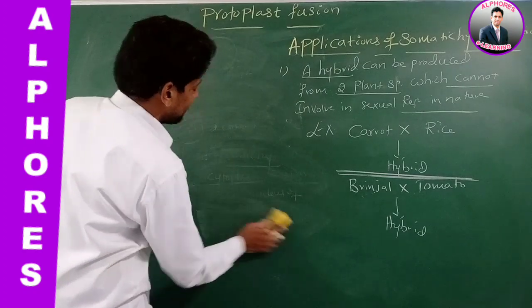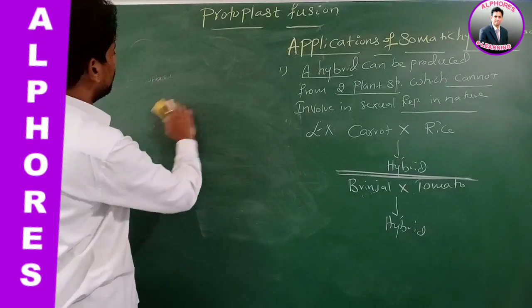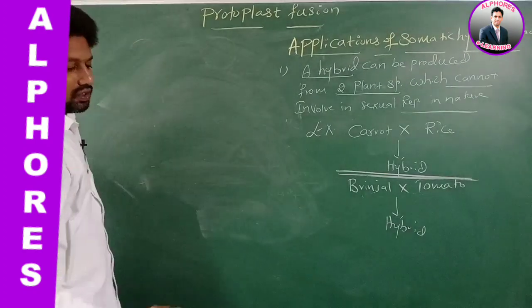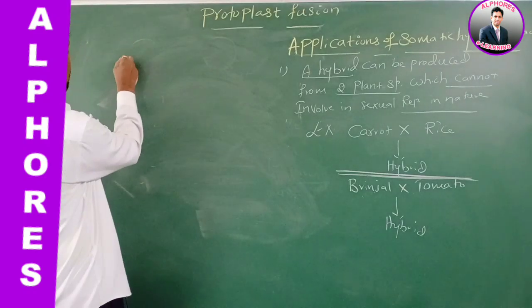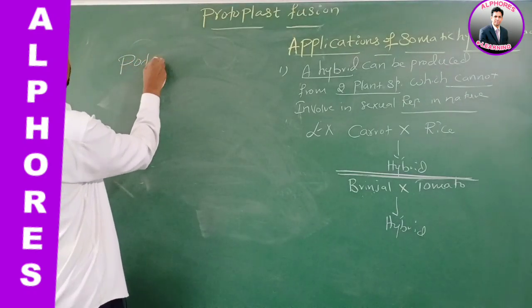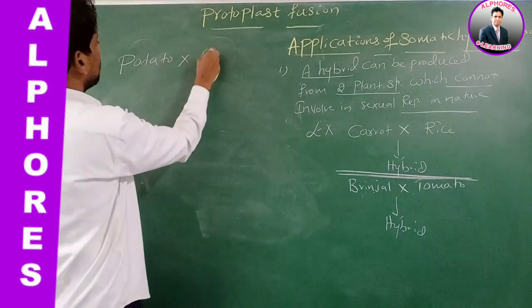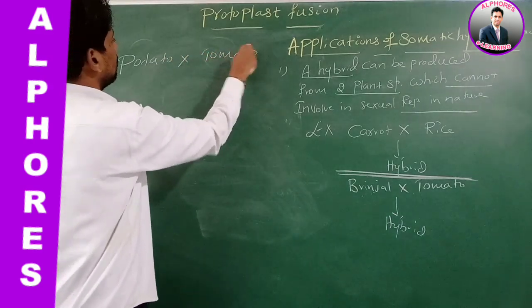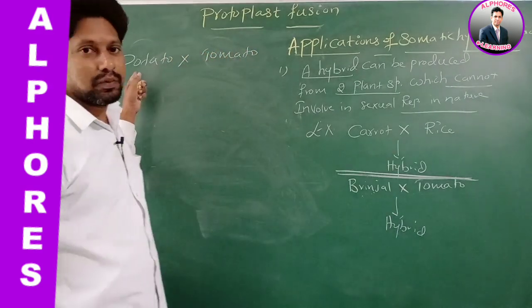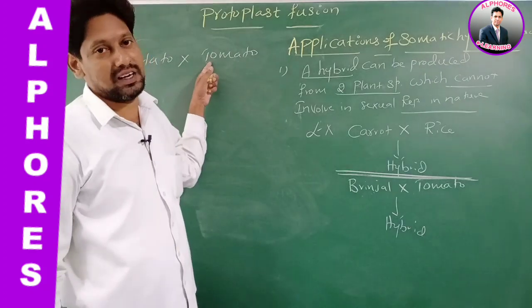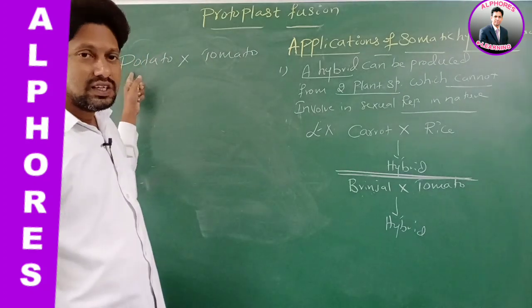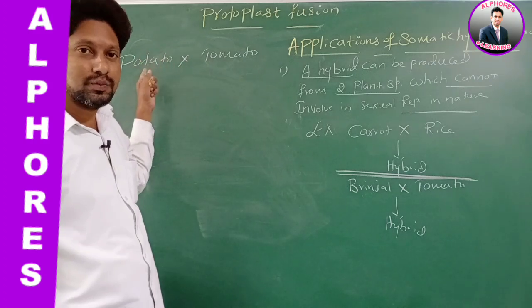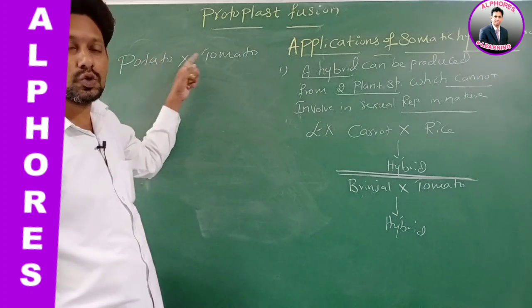Go for third example. Take a potato and take a tomato. Sir, this is one type of plant species. This is another type of plant species. Right? Is sexual reproduction possible in nature between these two plant species?